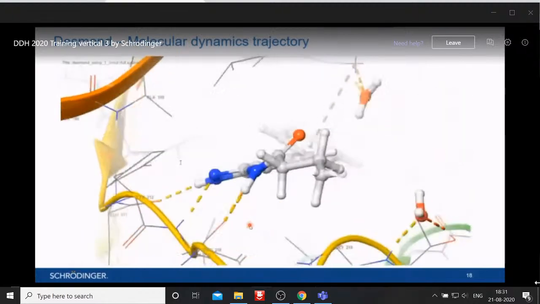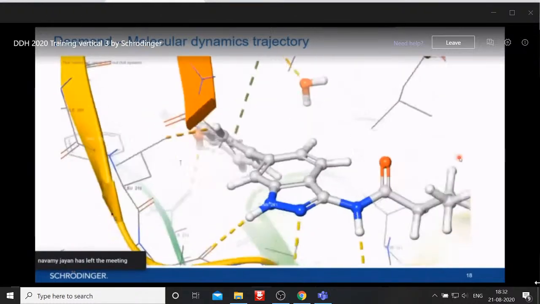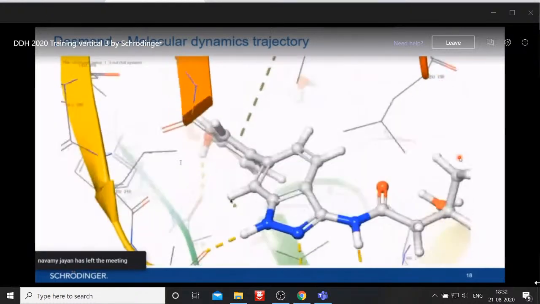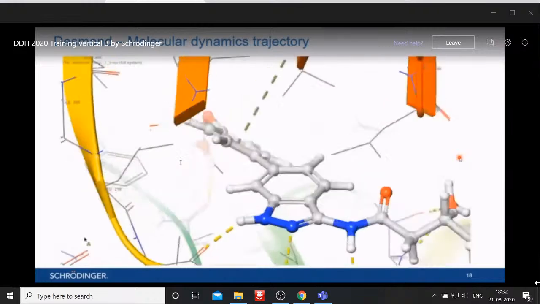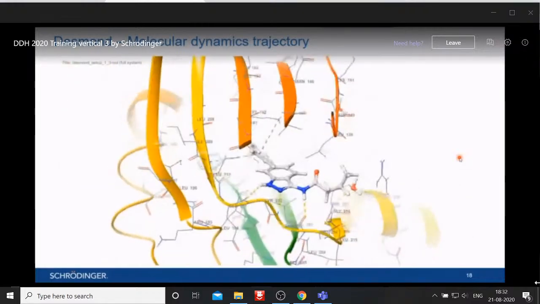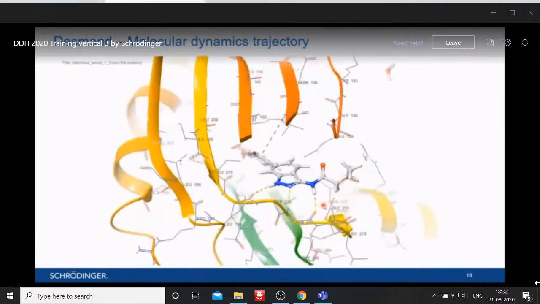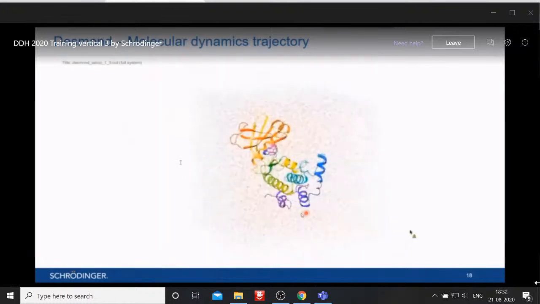Those are denoted by yellow dotted lines, and there are many other types of interactions or water mediated interactions, and you can see it all in just one click. The Maestro visualizer is that user friendly, and here you can see how interactions change throughout the MD simulation, and you can analyze all those things visually.